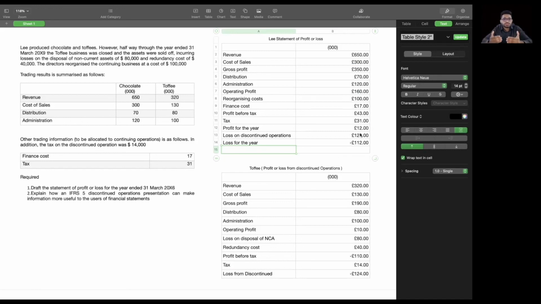In the future, those results are not going to be there in our organization. So by presenting them separately, the decision makers can focus on the results of the continuing operations and take much more accurate information, disregarding the information from your discontinued operations.